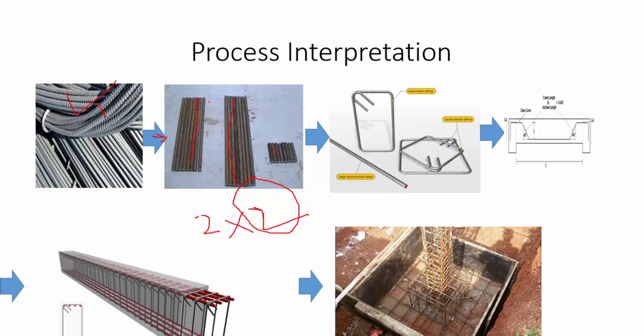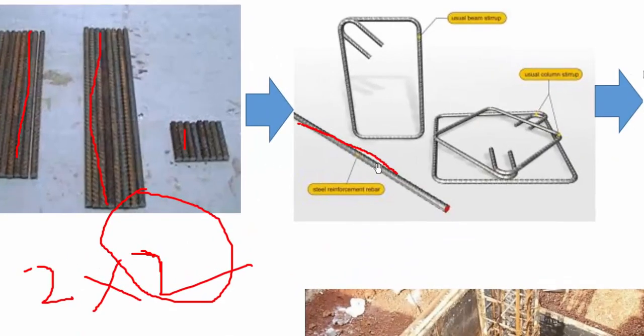Okay, once we cut the steel, then we bend the steel according to our requirement. Here, as you can see, this is a straight bar. Then we will bend the steel at different positions according to the drawing.